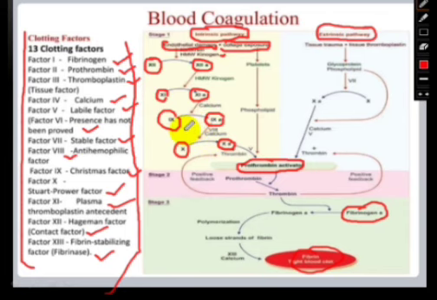I said inactive factor 9 becomes activated to active factor 9.